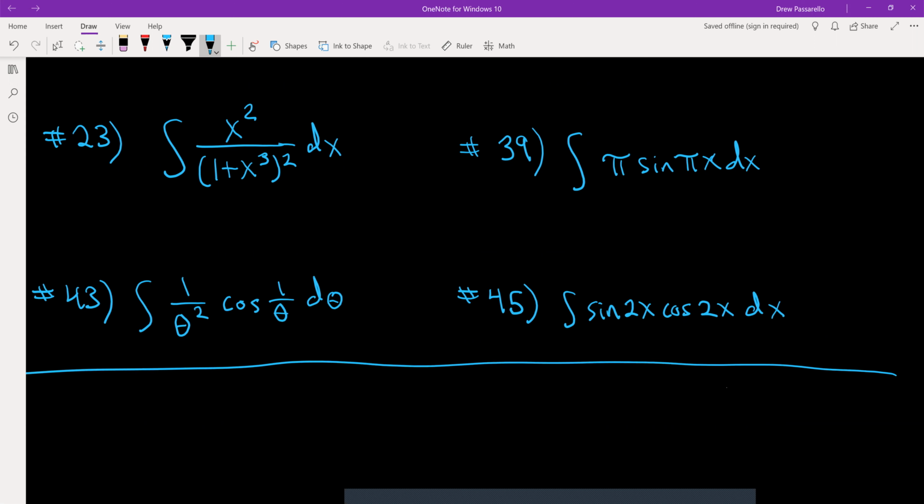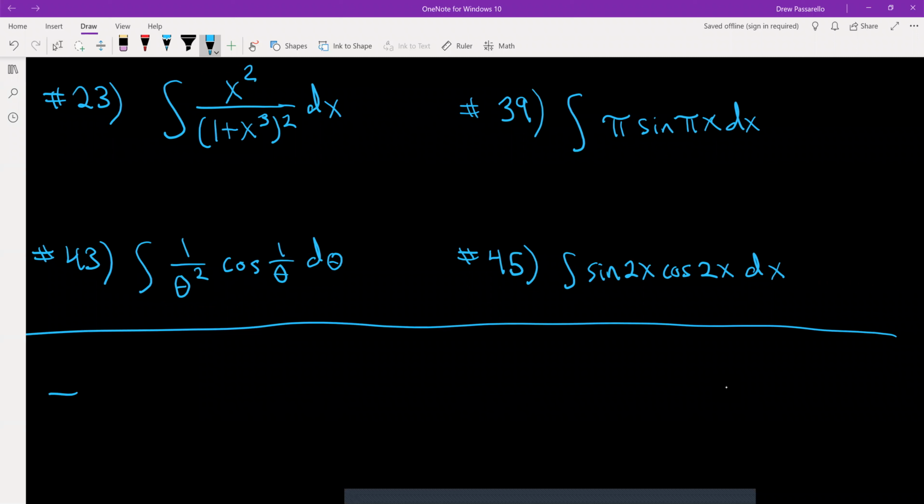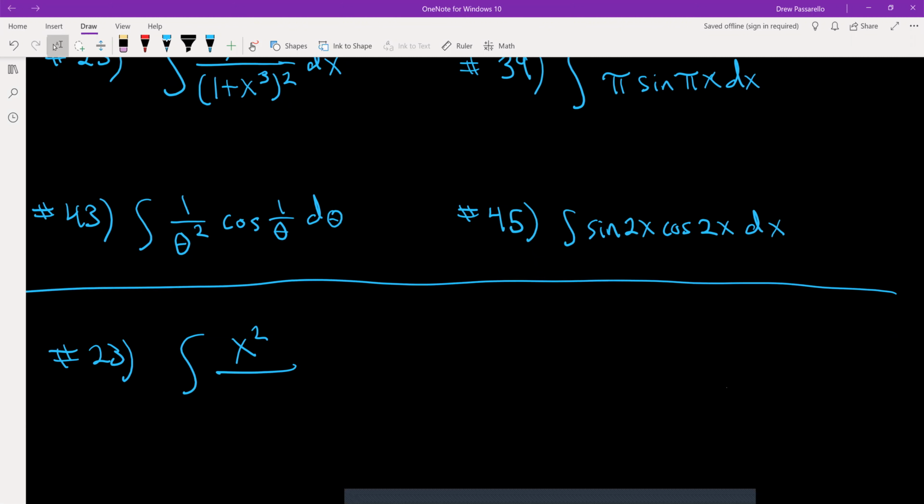All right, number 23 has the integral of x squared divided by 1 plus x cubed squared dx.